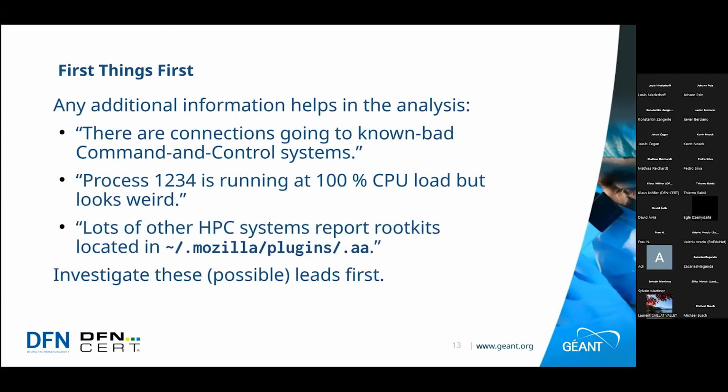Or for instance, you get a report that, oh, look, there's a number of HPC systems now reporting having been hacked, and people see rootkits in, say, to name an arbitrary example that may or may not have happened, user home directories, .mozilla/plugin/.aa.